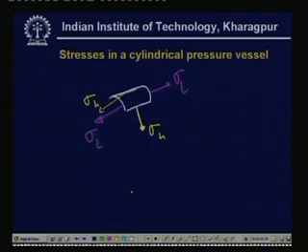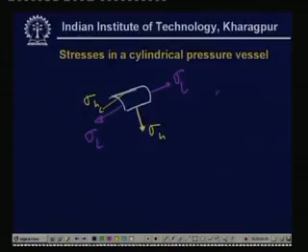Here, although I did not mention it, the basic assumption in deriving this equation is that there is no sigma r, that is, this radial stress is 0.